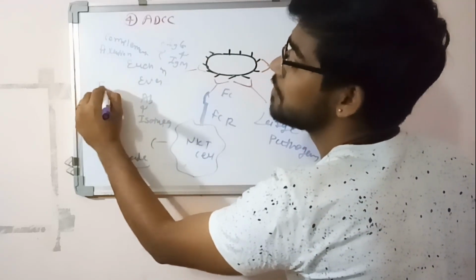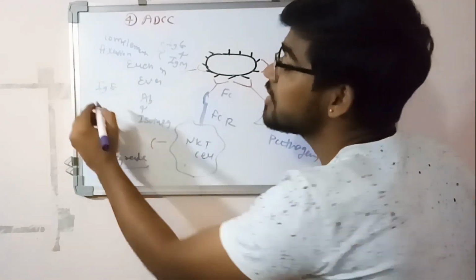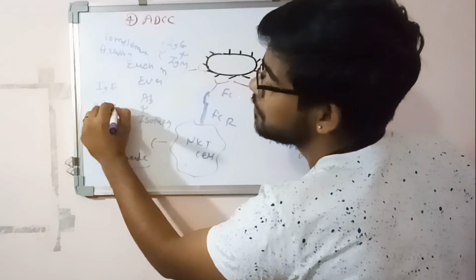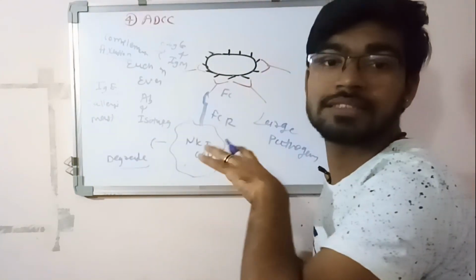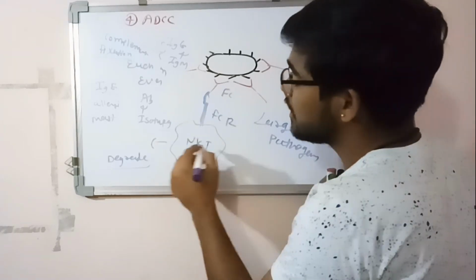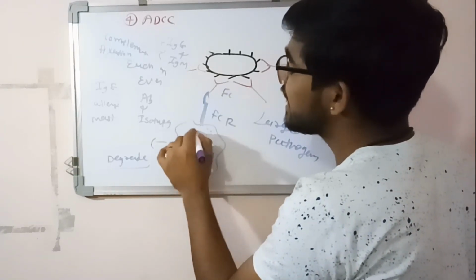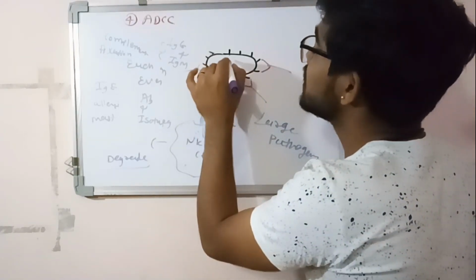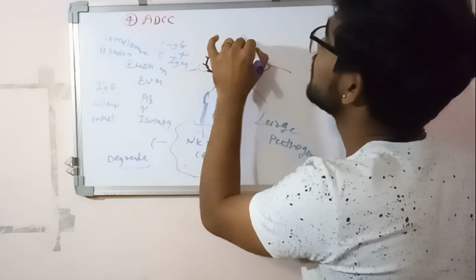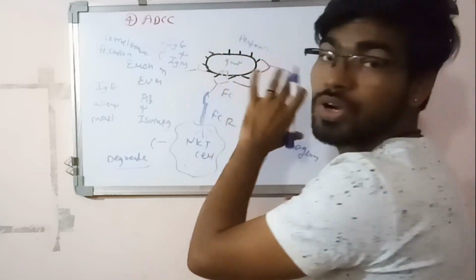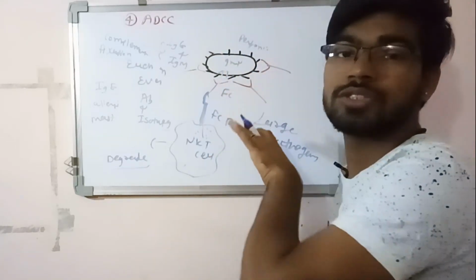IgE especially gives an allergic response, and it binds with mast cells, the granular cells. So this is what actually happens, and here the granules also come in, and granzymes and other molecules like perforin also come inside these cells.